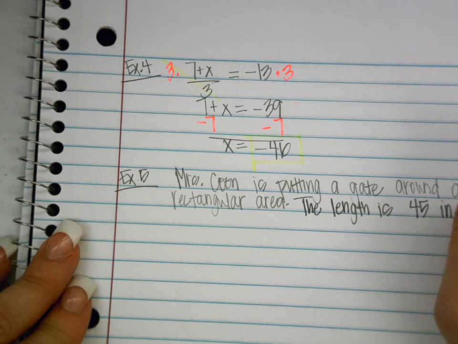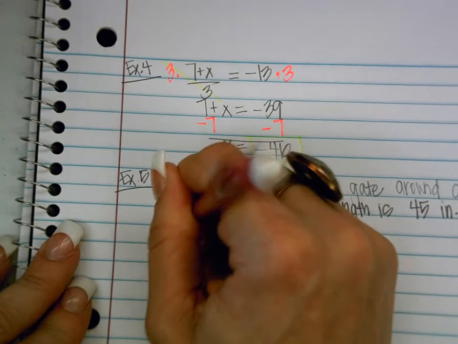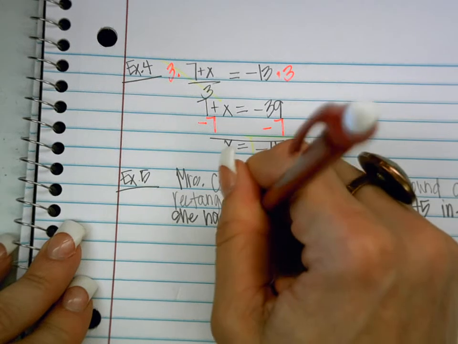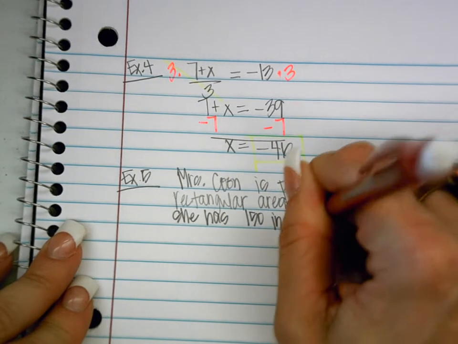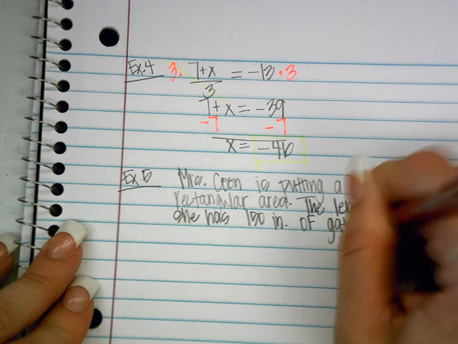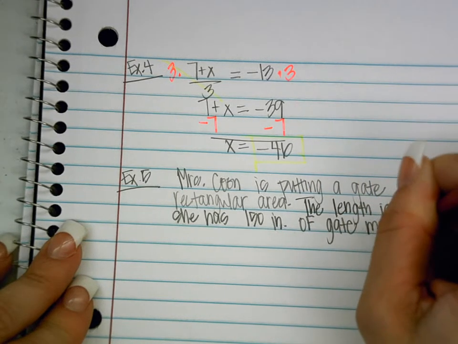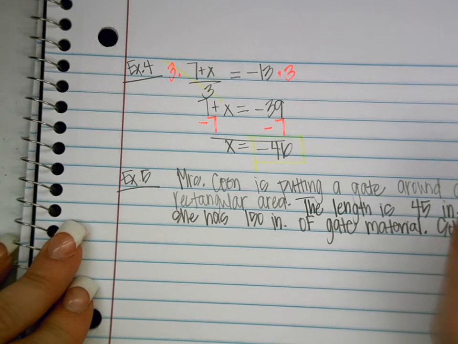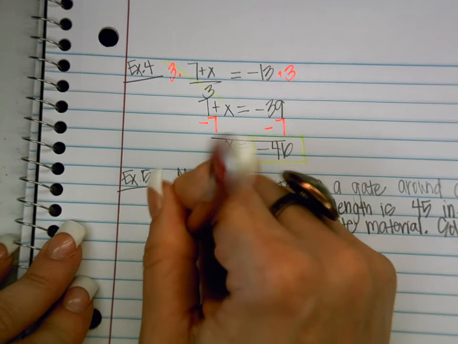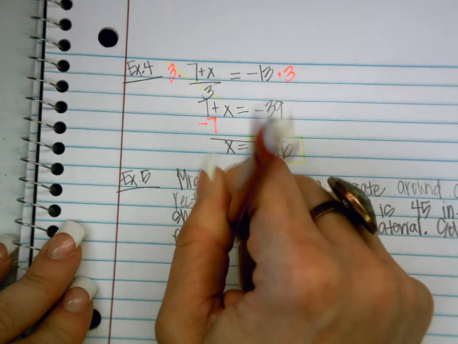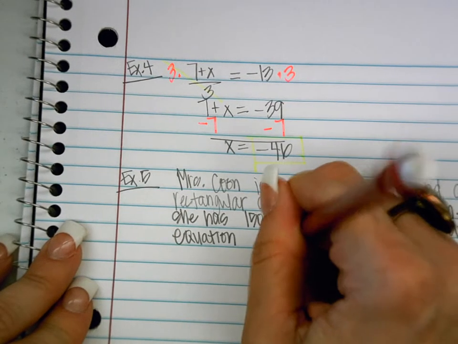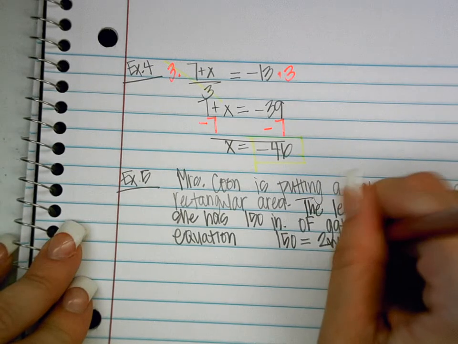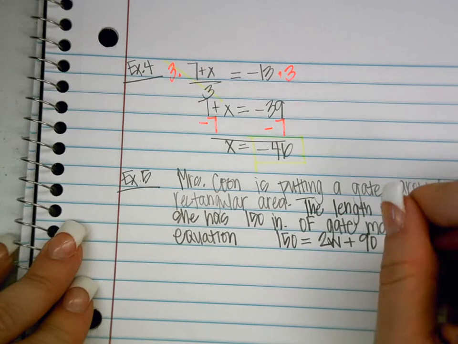And she has 150 inches of gate material. I would like you to solve the equation. Solve the equation 150 equals 2w plus 90 to find the width of the area.